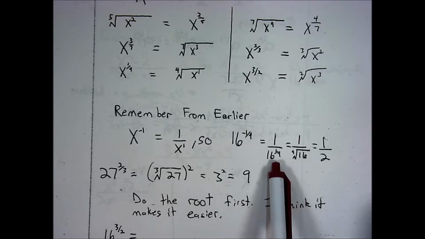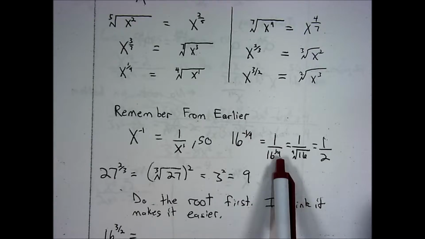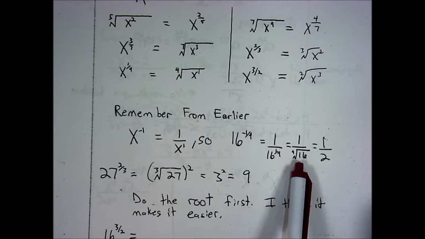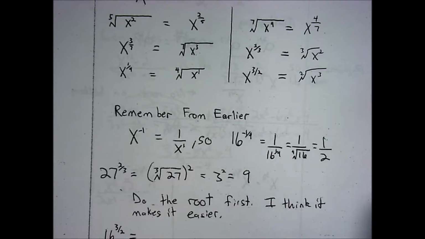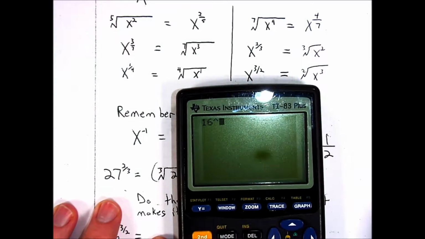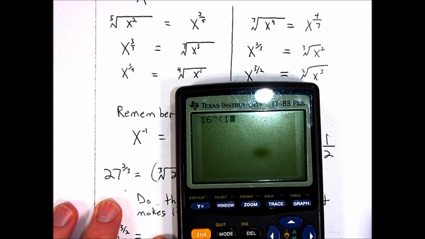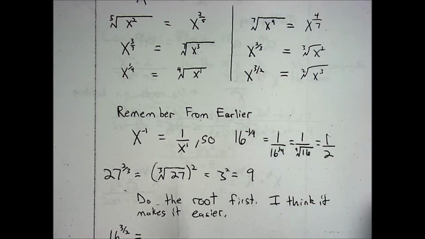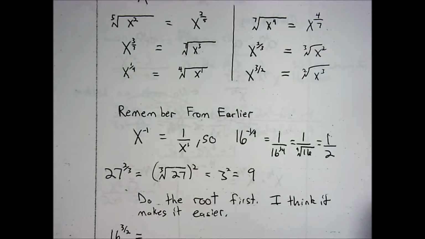Taking what I learned today, the bottom number is my root, so 4th root of 16 to the 1st. And if you don't know your 4th roots, you can type it into the calculator. 16 to the, use parentheses here, 1 divided by 4. And we should get 2.